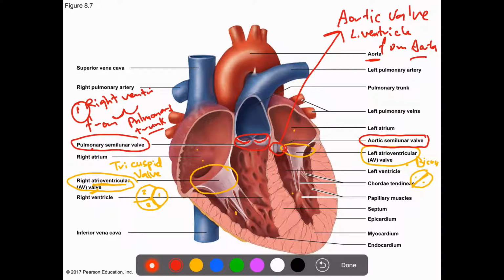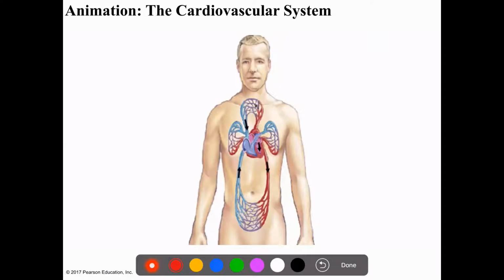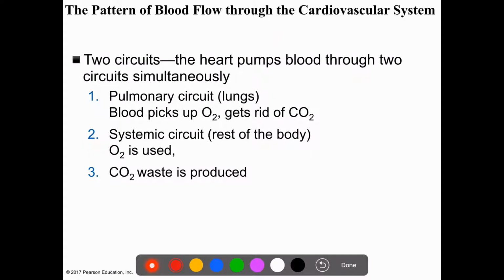Okay, separates the left ventricle from the aorta. So this is a very brief explanation of the inner parts of the heart. This is written, and this is animation that would explain it.